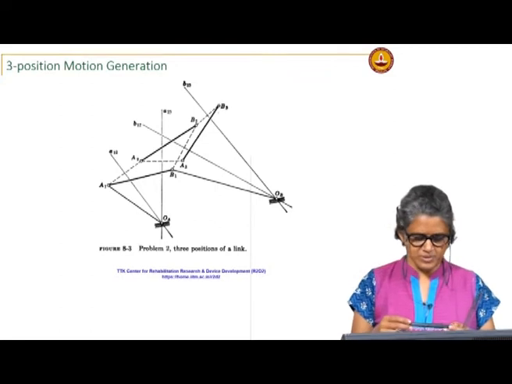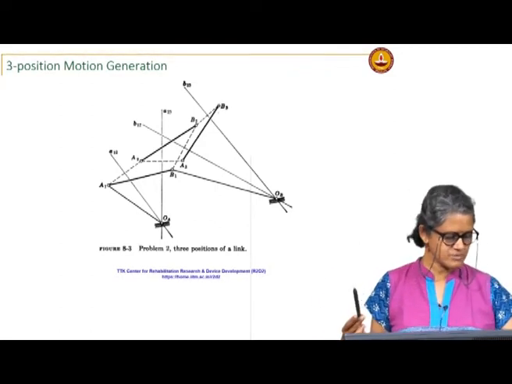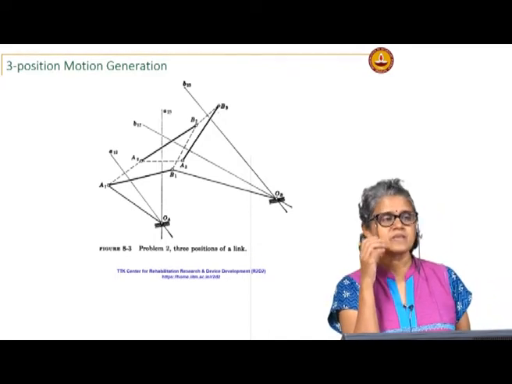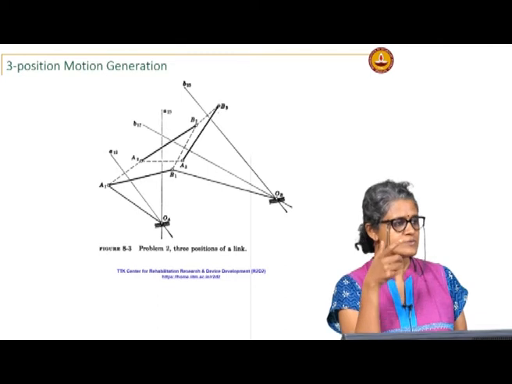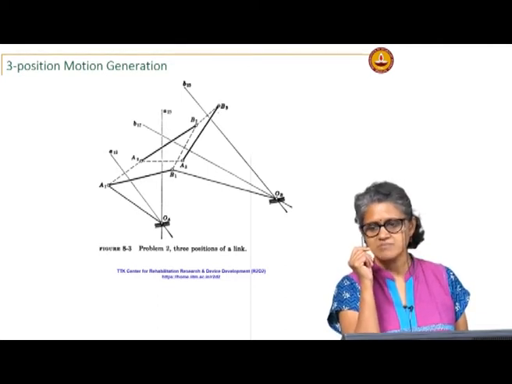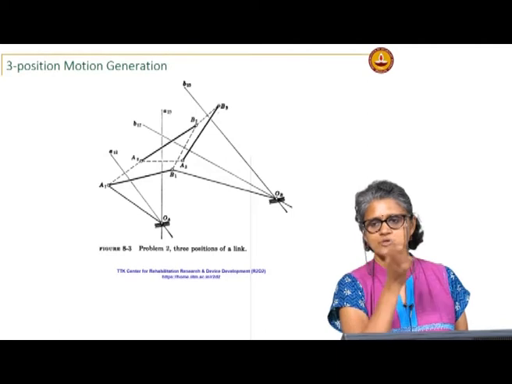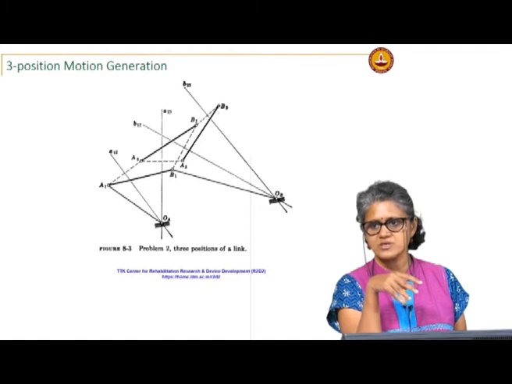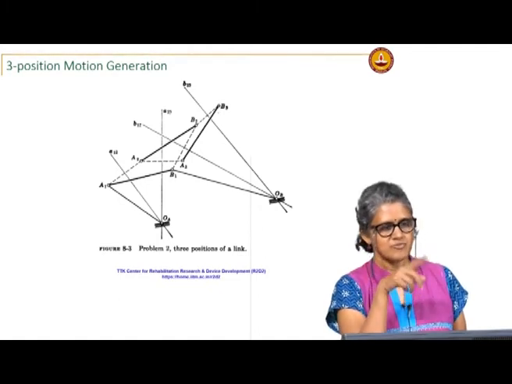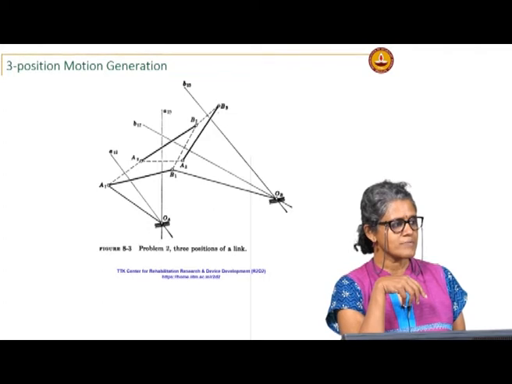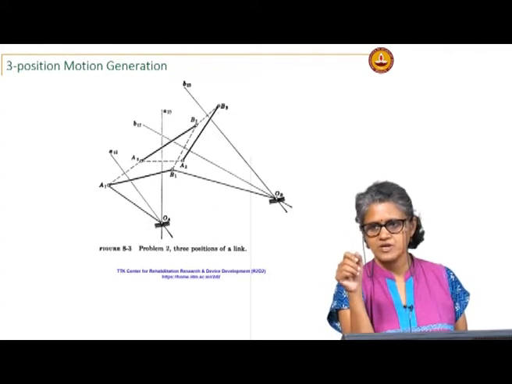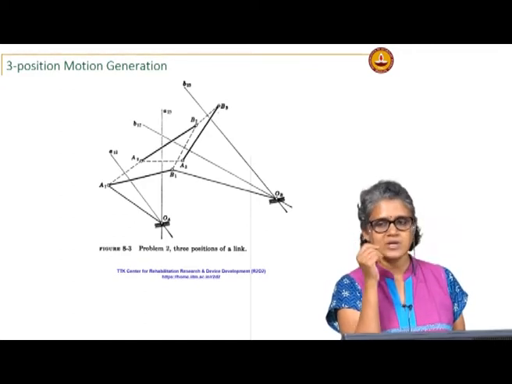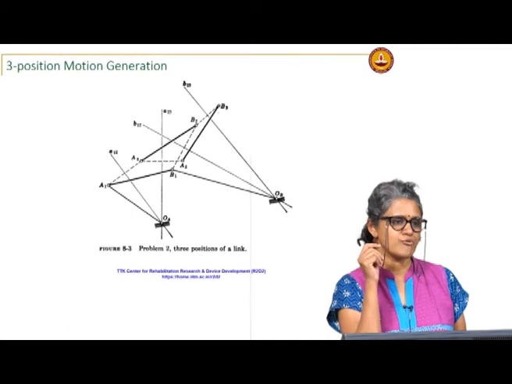So, now from two position motion generation and the dead center synthesis, we move on to 3 position motion generation. So, we saw that for 2 position motion generation, you could have an infinity square of solutions if you wanted a 4 bar: an infinity of locations for the pivot OA, infinity of locations for OB, and then you could create infinity square 4 bars to do that.